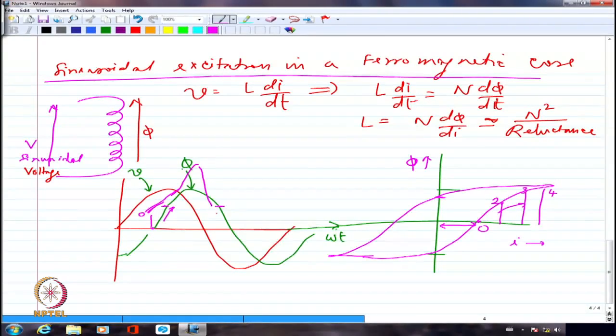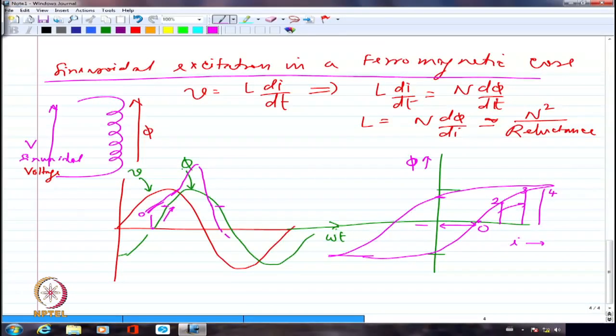But by then the current has become 0. So, you would see that the current falls very quickly to 0 from its peak value, and then I may increase the current in this direction, right? The current is increasing quite a bit without making much change in the flux.